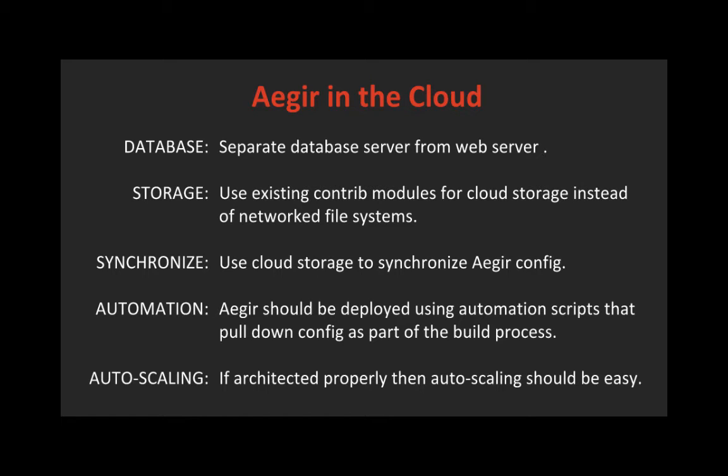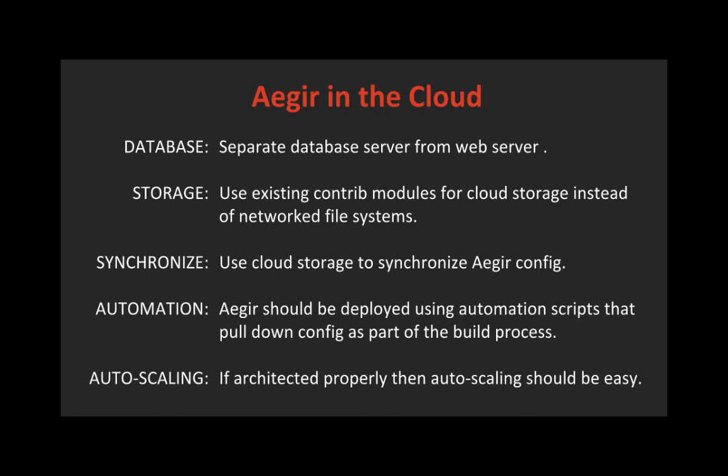Automation: Aegir provides us the automation to deploy new sites, but then we also want to automate building Aegir, so that when we're scaling it, we're deploying Aegir servers from base images that we can rebuild at any time using something like Ansible, Puppet, Chef.